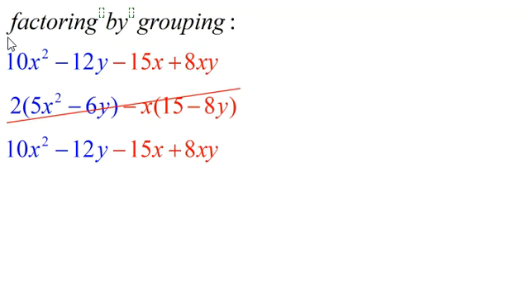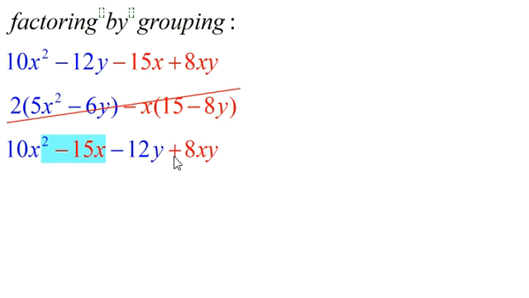Again, we have to use grouping, but it can be any 2 terms. Oftentimes it doesn't matter what order they're in, but occasionally when there are both x's and y's, it might. So I'm going to try to rearrange these into a pairing that has more things in common, like 10 and 15 work well together. So let's put those together.